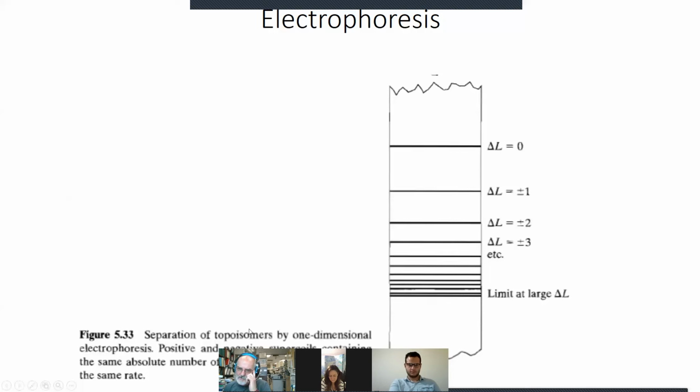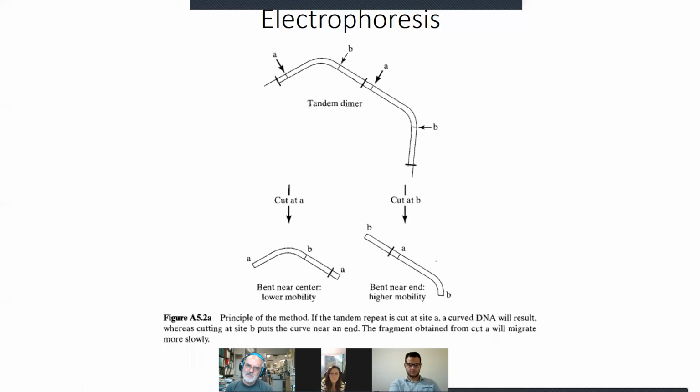And so in the presence of things like topoisomerase, you will get a different pattern depending upon how you're retwisting the DNA. Okay, again, this is something that is DNA specific, not protein specific.